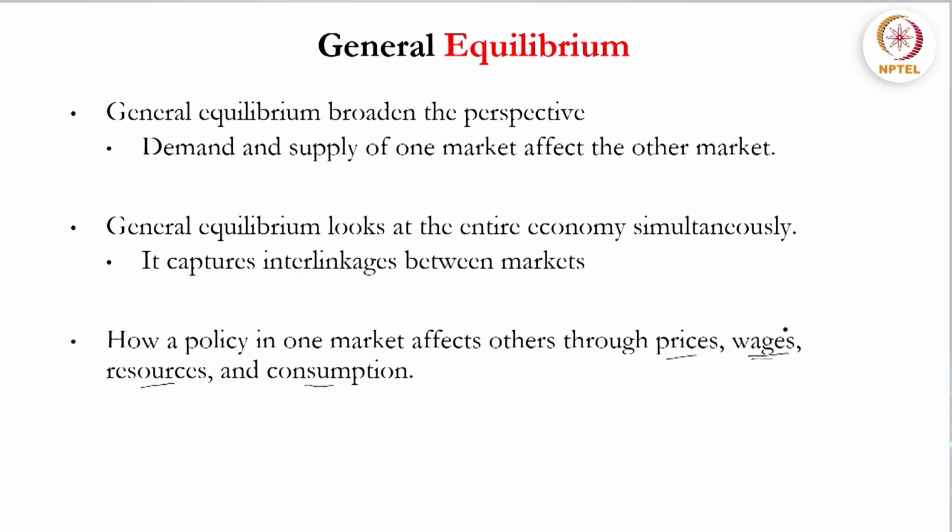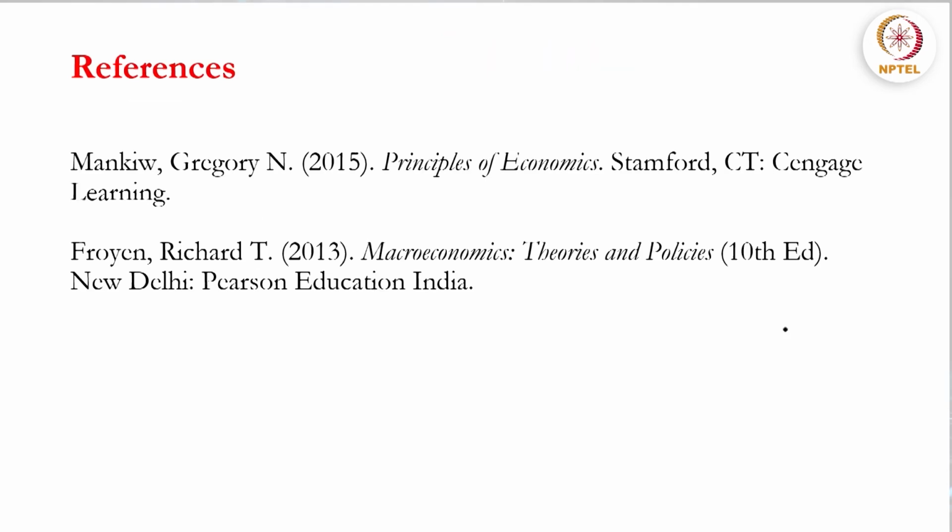So here I stop this lecture, and I thought these two references will be useful for you. One is Mankiw, which I have already told you about, the principles of macroeconomics. You can consider a few selected chapters.